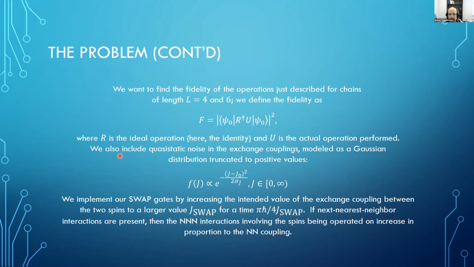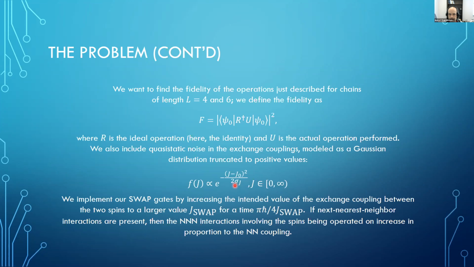So our model for noise in this system is quasi-static noise. Mathematically speaking, it looks a lot like disorder. So we're modeling this as a Gaussian distribution of exchange couplings truncated to positive values, and we do that because in the actual experiments, the exchange couplings will never become negative.